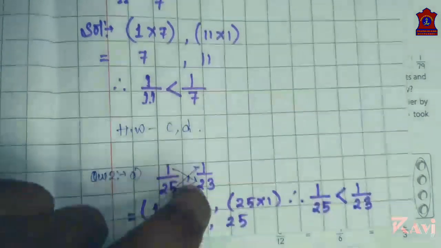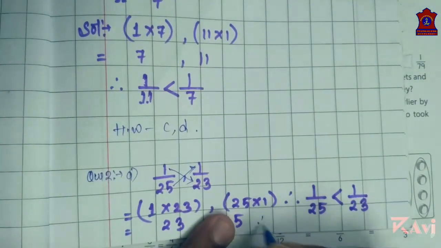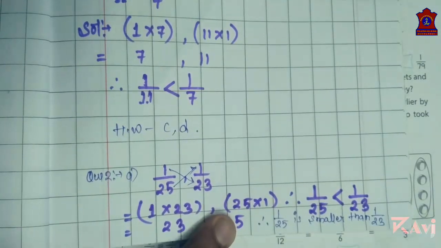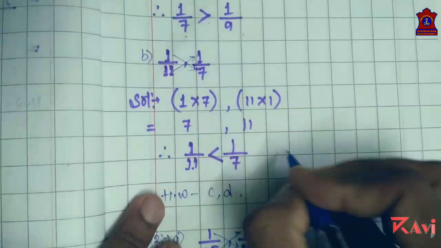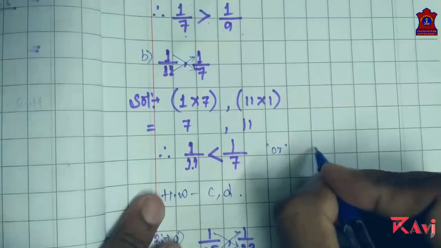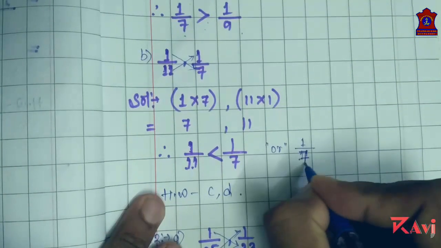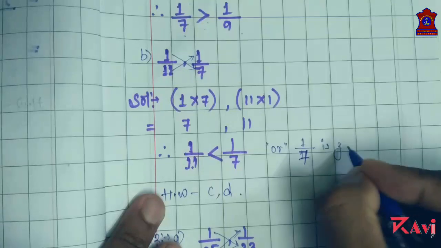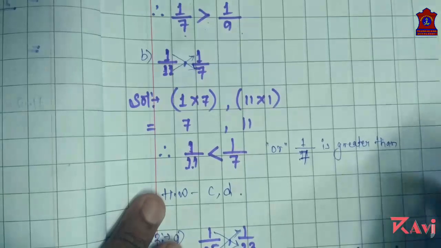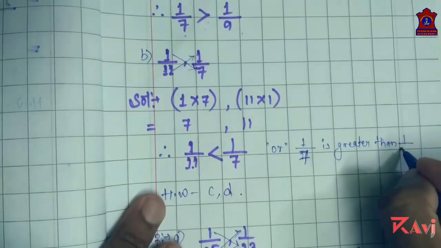Or in the answer statement, you can write, therefore 1 by 25 is smaller than 1 by 23. Clear? Similarly, you can write your answer here also, or you can write 1 by 7 is greater than 1 by 11.